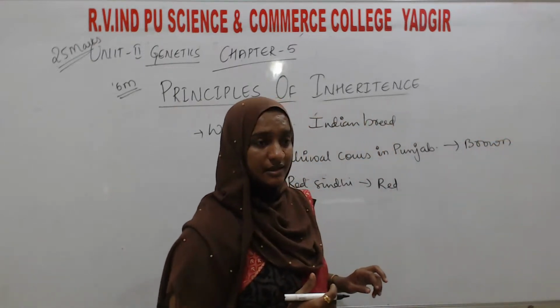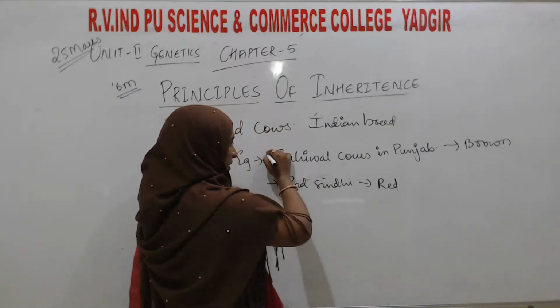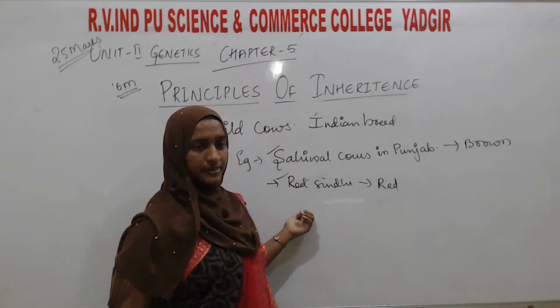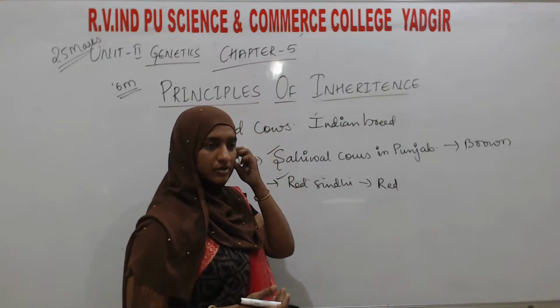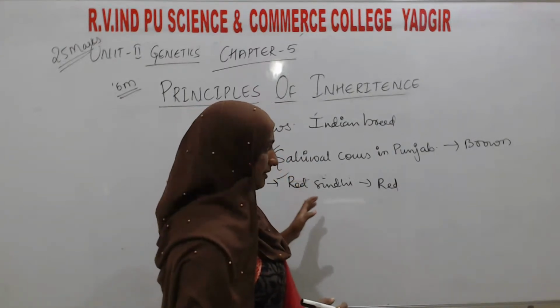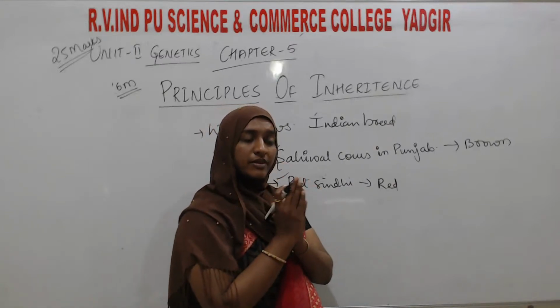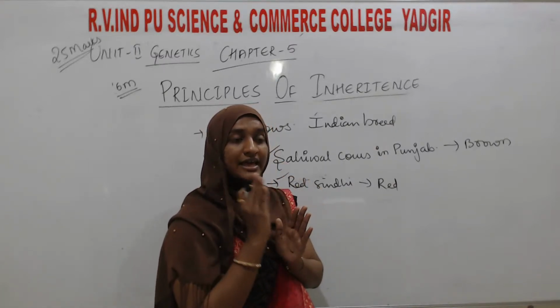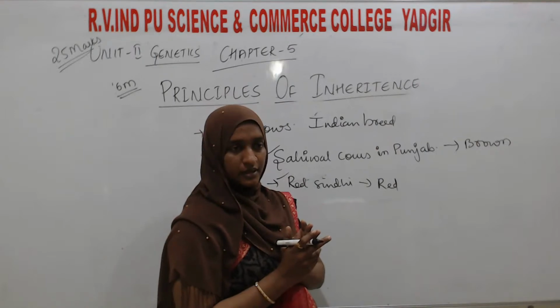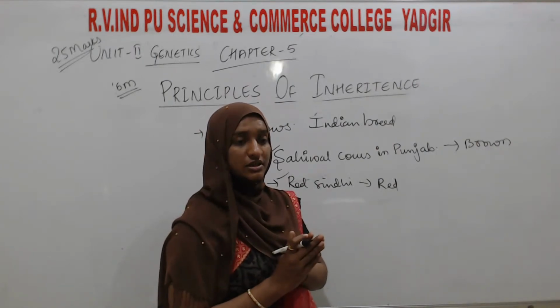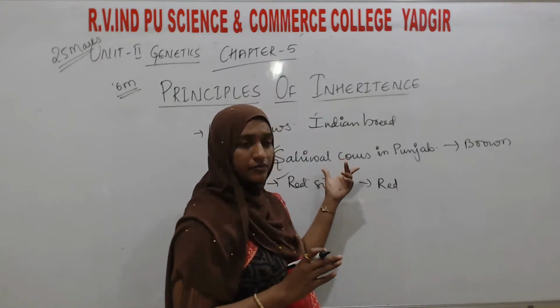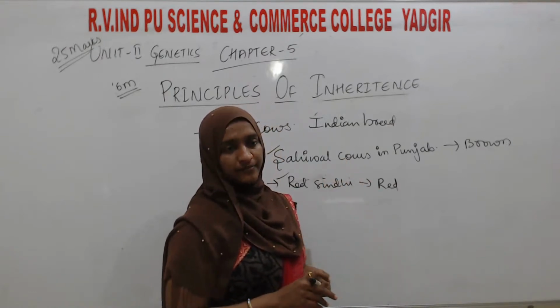We can recognize them. They both are cattle, Sahiwal also, Red Sindhi also. If you take more examples, Hallikar is there, and many more. They both are cattle, but their characters differ from each other. That's why they are named with different names.